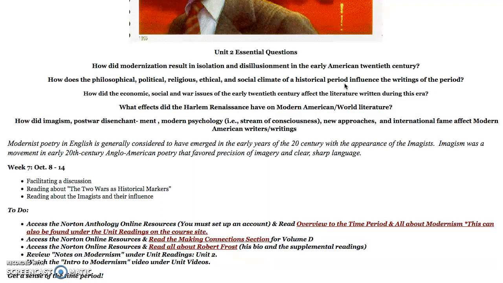What's the rationale? What's the feeling? Look at structure. All right. Really get a sense for the time period this week, and then that will lay the foundation for our further readings. So your job is really just to get a good sense of the time period and also to start reading some notes on modernism and reading some background information about Frost.